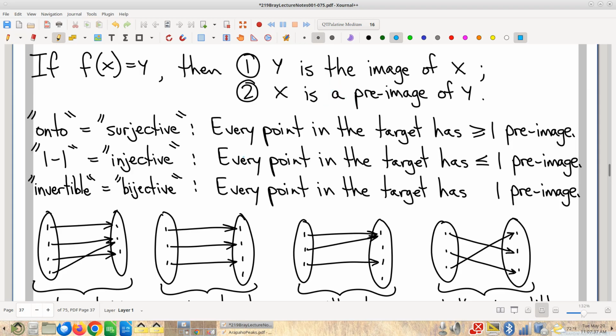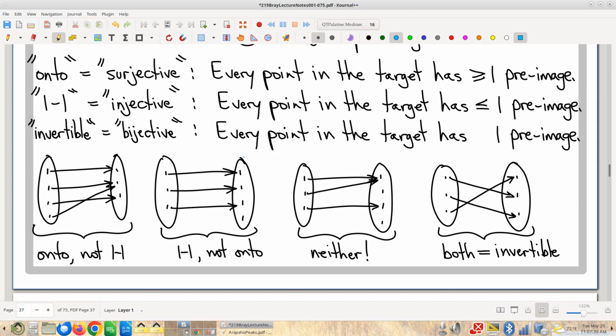Okay, a little bit more terminology, and again, I'm going fast through this because mostly this is stuff y'all can read. But we need to be clear on these ideas: onto, one-to-one, and invertible, also sometimes going by the terms surjective, injective, and bijective.